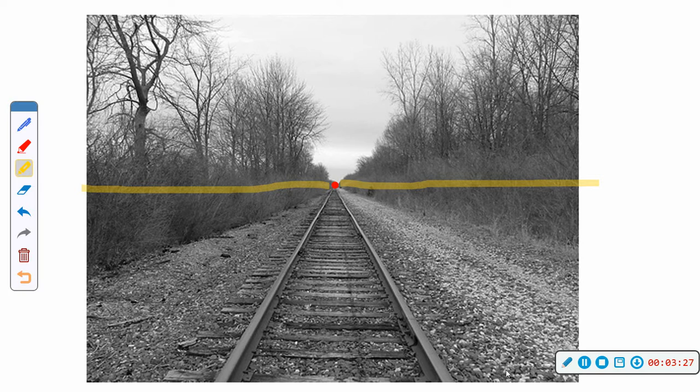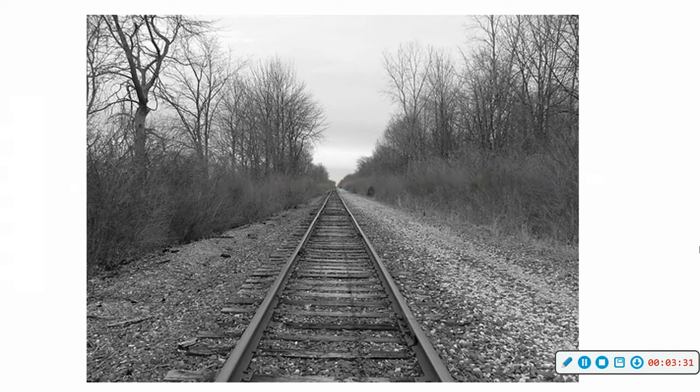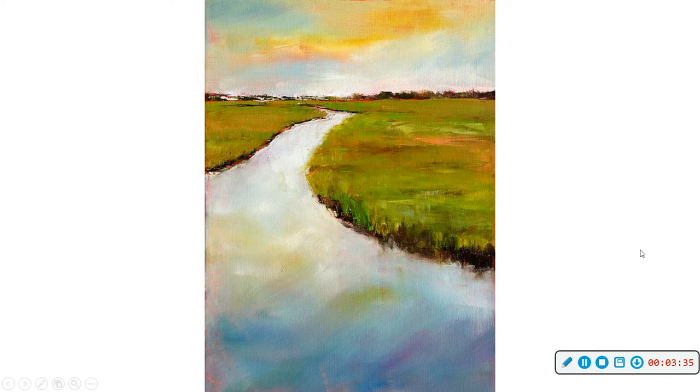Oop, I've got to unclick this, I think. There we go. Alright, this one's kind of tricky. Remember, vanishing point and horizon line are together. Horizon line is always flat. And it's where things stop going back and start going up.